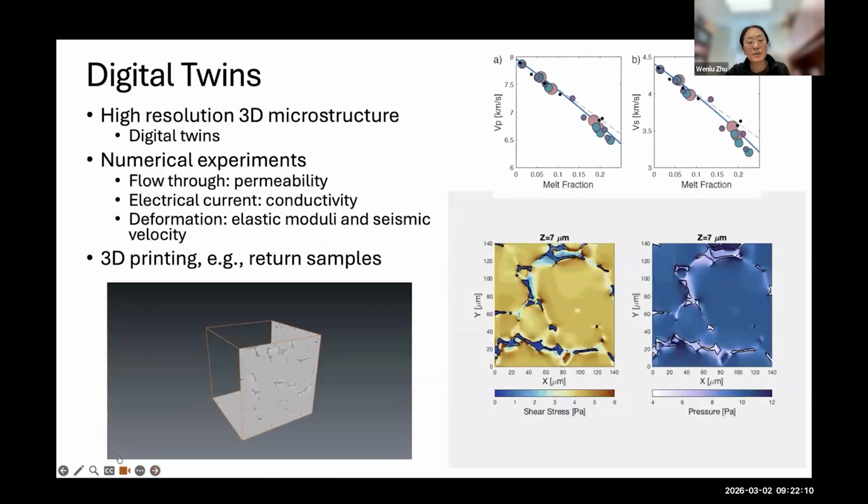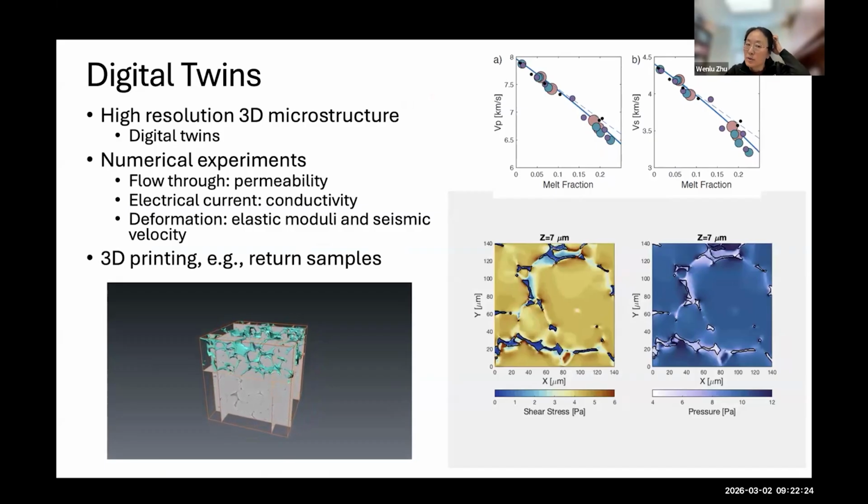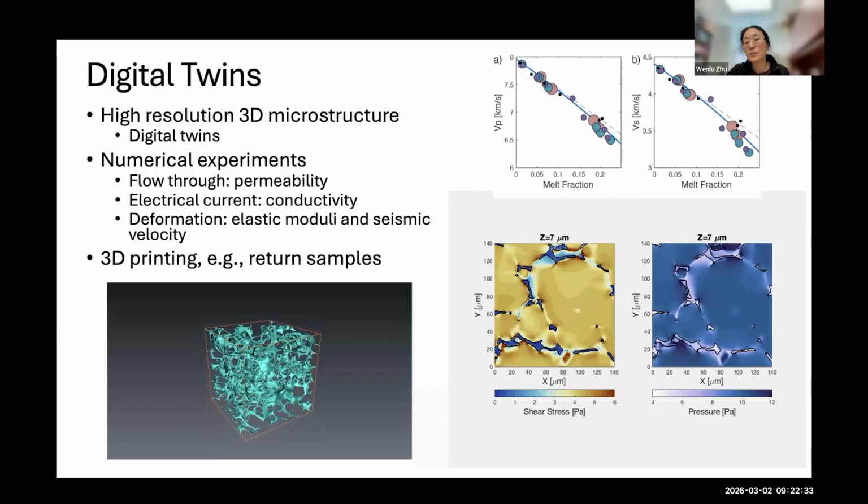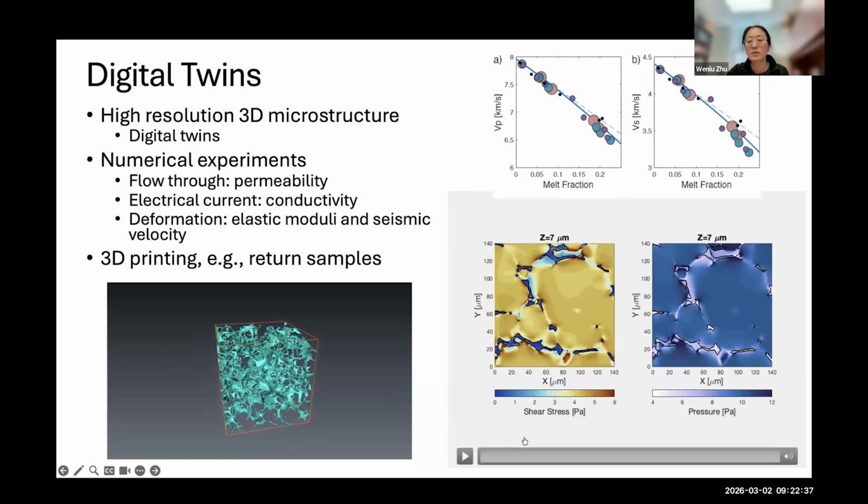With that, there's what I call digital rock physics. Now you can get high resolution, high fidelity microstructures, and then put those digital twins of your rocks under virtual models. You can run flow models, for example, that's showing here.